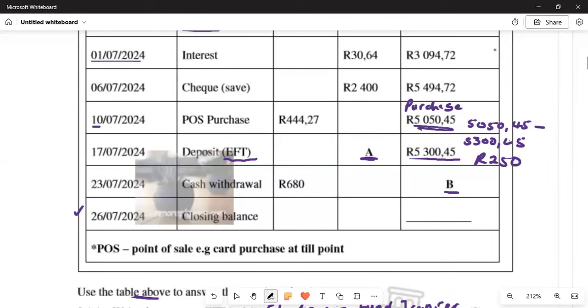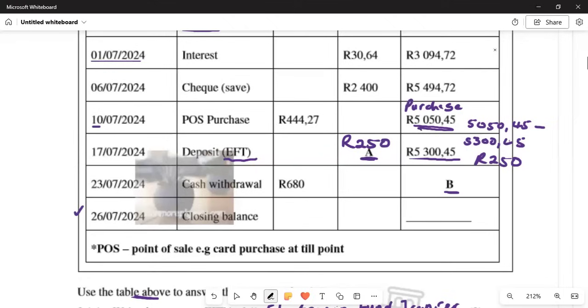So we are saying A is 250. Then in moving on to B, what can we do? B is the closing balance.